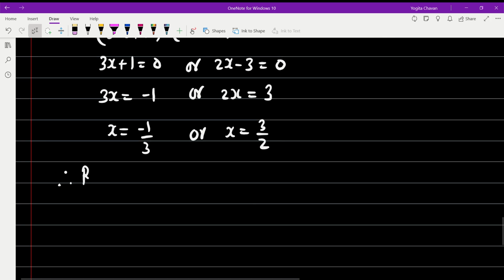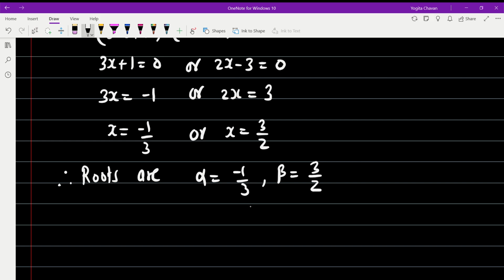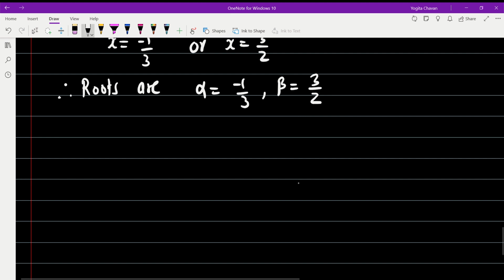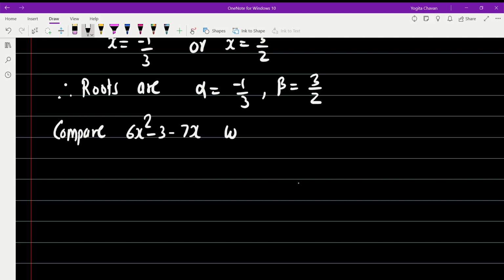Therefore, now roots are alpha is equal to minus 1 by 3 and beta is equal to 3 by 2. Okay. Now to find relationship between these roots or zeros and their coefficients, compare given polynomial, 6x square minus 3 minus 7x, with ax square plus bx plus c.